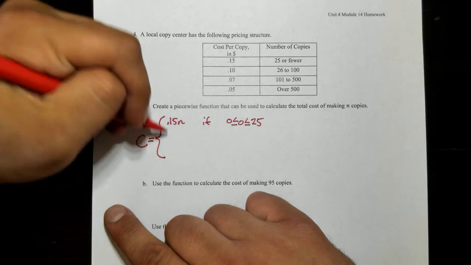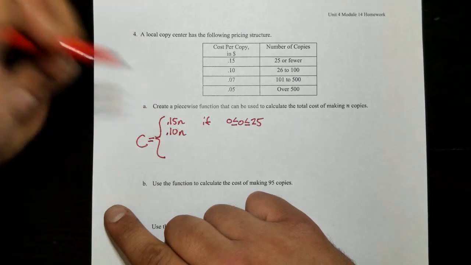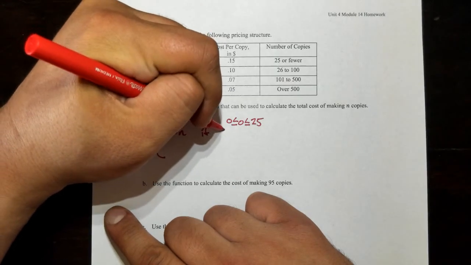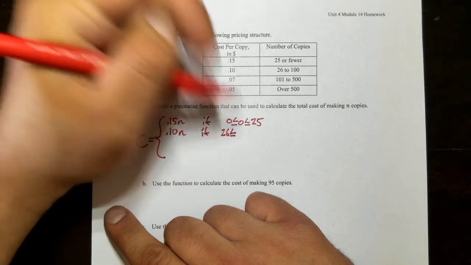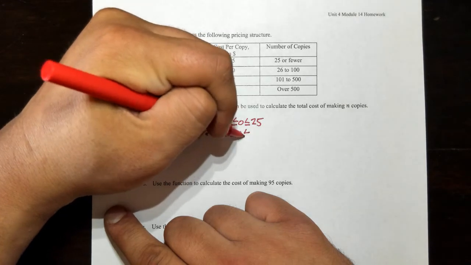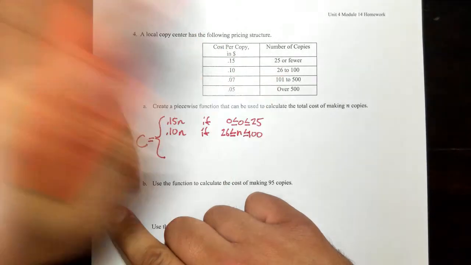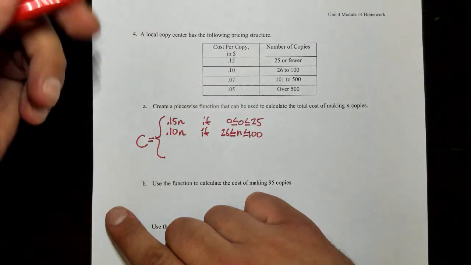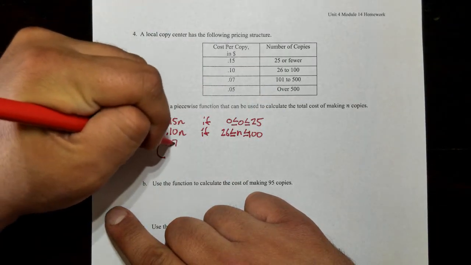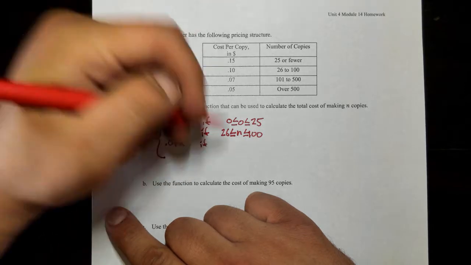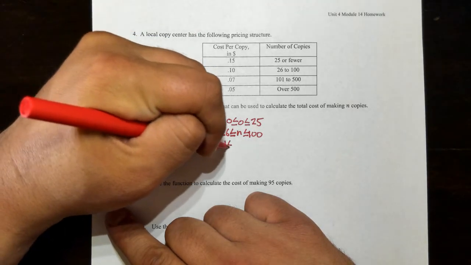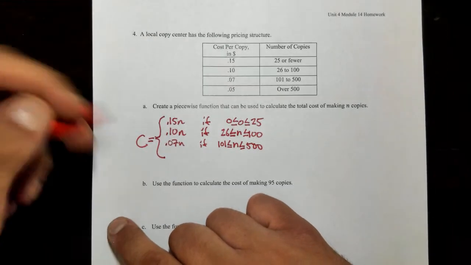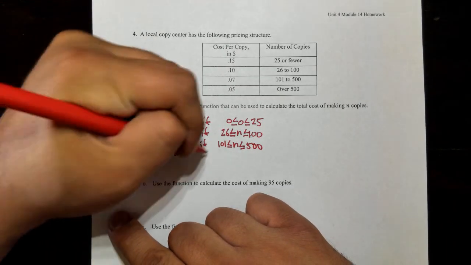The price then goes down to 10 cents per copy if n is from 26 up to 100. Then it drops down to 7 cents from 101 to 500, and then to 5 cents for over 500.